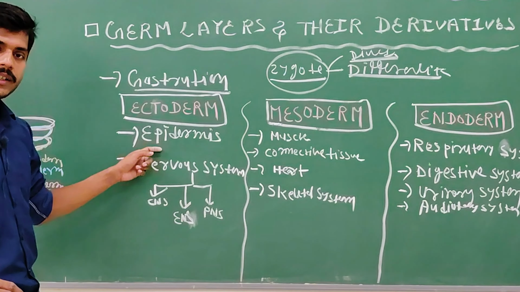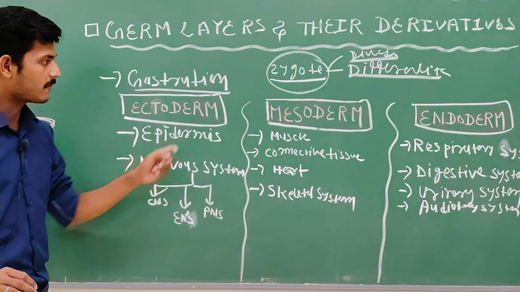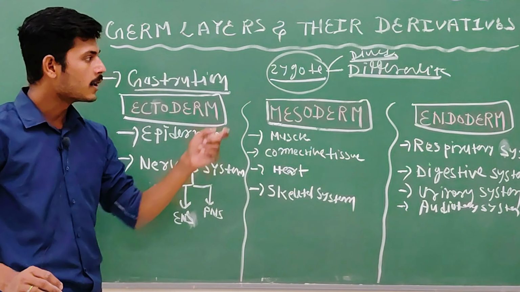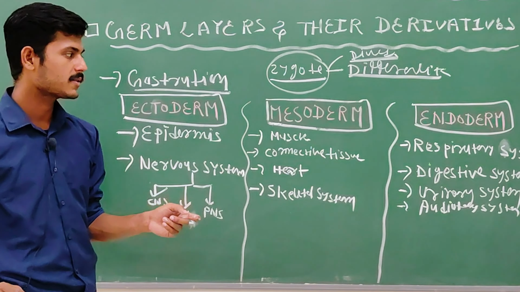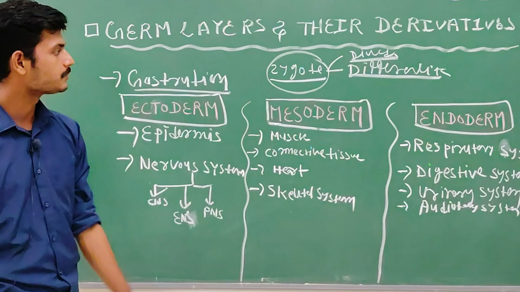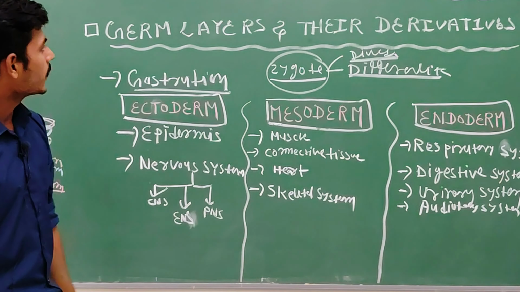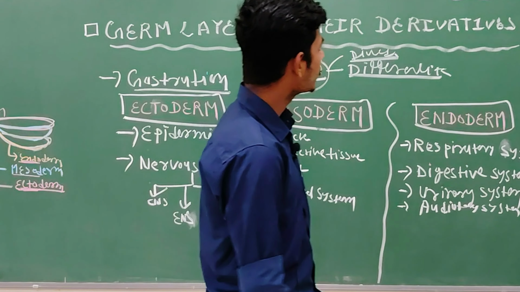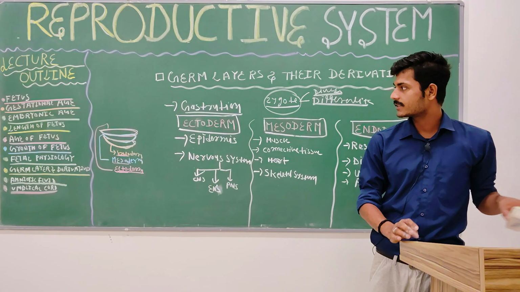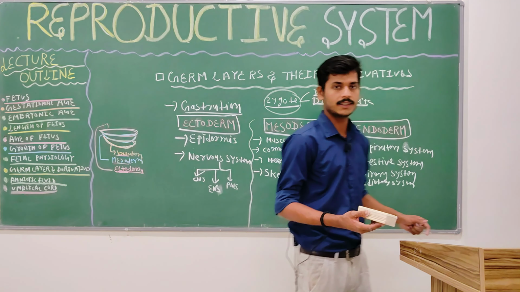From the ectoderm, epidermis and nervous system are derived. From the mesoderm, muscles, connective tissue, heart and skeletal system are derived. From the endoderm, respiratory, digestive, urinary and auditory systems are derived. Now that we understand the germ layers and their derivatives, let's move ahead and discuss fetal physiology in detail.